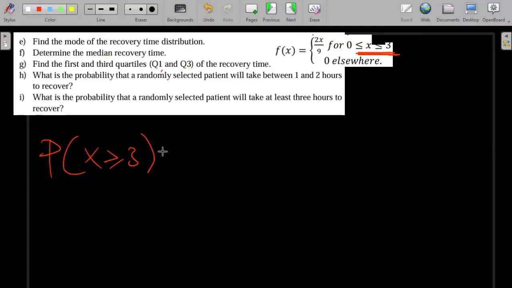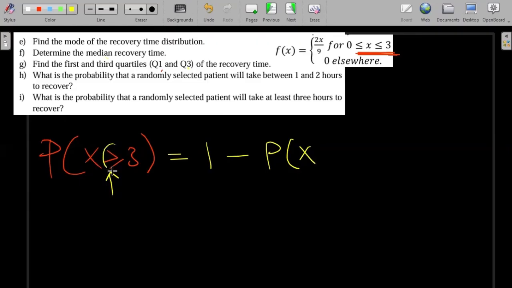So this one here, you can also solve it using the complement rule. So you say, whenever you see a greater than here, okay, you can rewrite this probability as 1 minus the probability of x, okay?